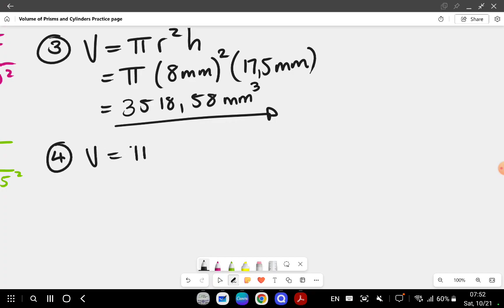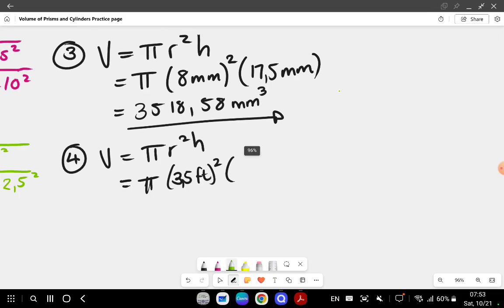Volume is pi r squared h, which is equal to, now this cylinder is missing the height, and again I've got a diameter. So if my diameter is 7, my radius is going to be 3.5 feet, and I square that. Now I have to calculate my height.